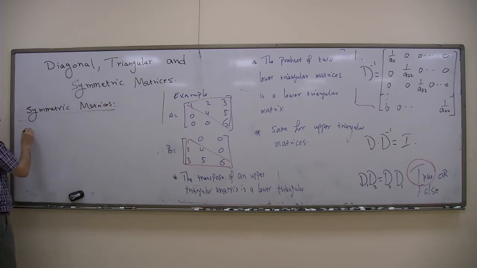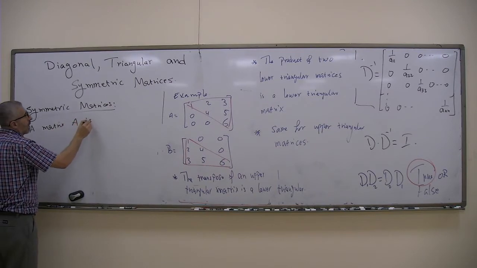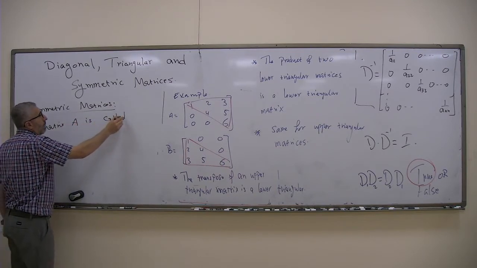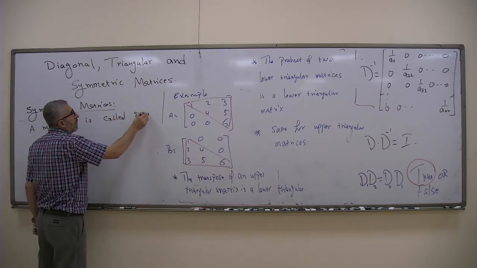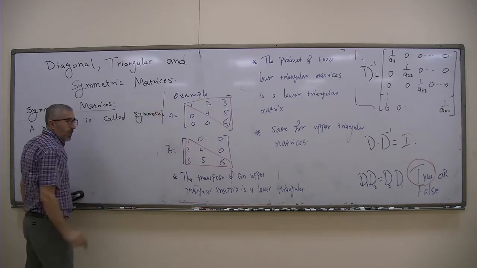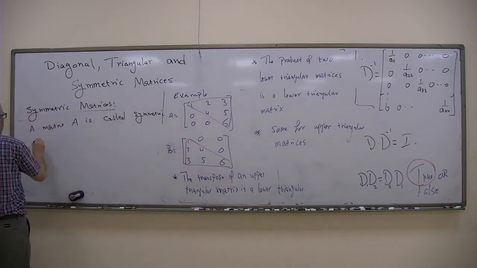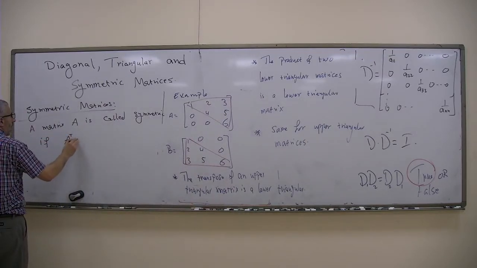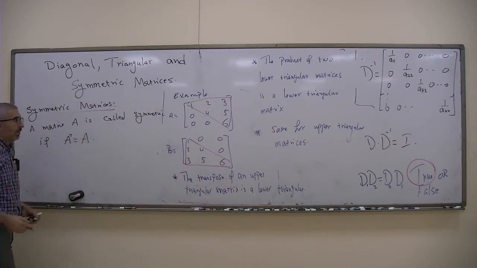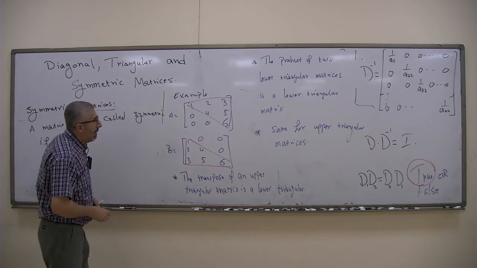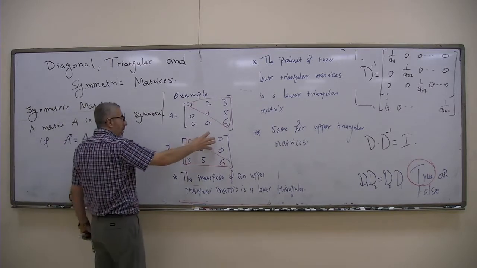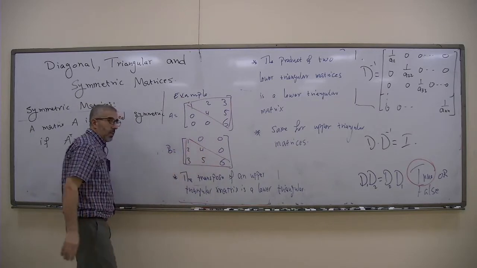A matrix A is called symmetric if A transpose is the same as A. So what you have on this side is what you have on this side.